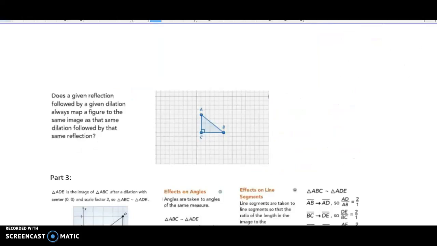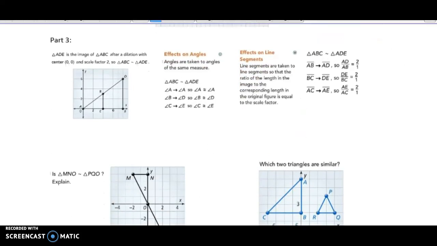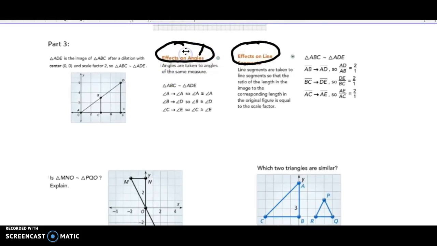Okay, and finally, the last thing we're going to look at is in part 3, we're going to look at the effects of dilation on angles and the effects on line segments. So what we find is that all angles are taken to angles of the same measure. So my angles are always going to be congruent.